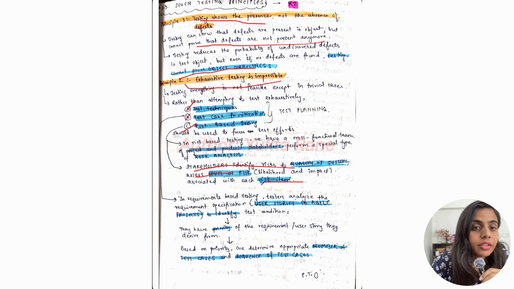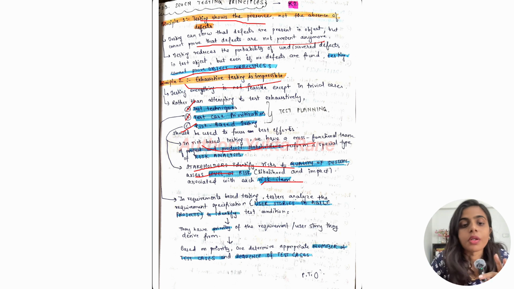In risk-based testing we have a cross-functional team. Of course you will need stakeholders and the product owners. They perform a special type of risk analysis. Going forward we will learn what the inputs to risk-based testing are. But this is the second testing principle, which builds on the first one.